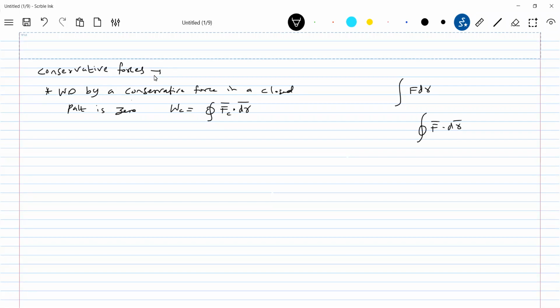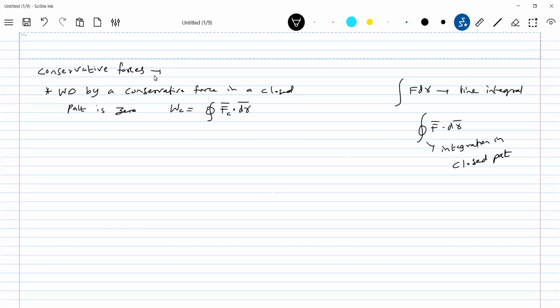Here, if I write a circle like this, it's the integration in closed path. This is called like a closed contour integral. So that word you may get confused. I'm just putting integration in closed path here.